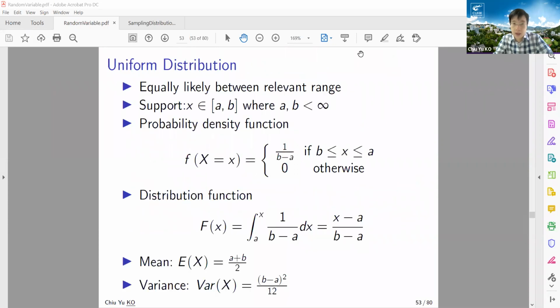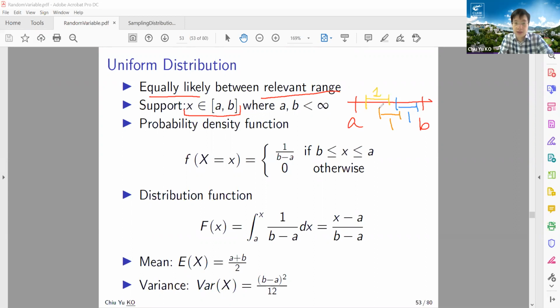Uniform is equally likely within the relevant range: the value is equally likely between A and B. Just to remind you what uniform means: if A and B are here, I pick any unit distance, whether they overlap or not, as long as they have a distance of 1.